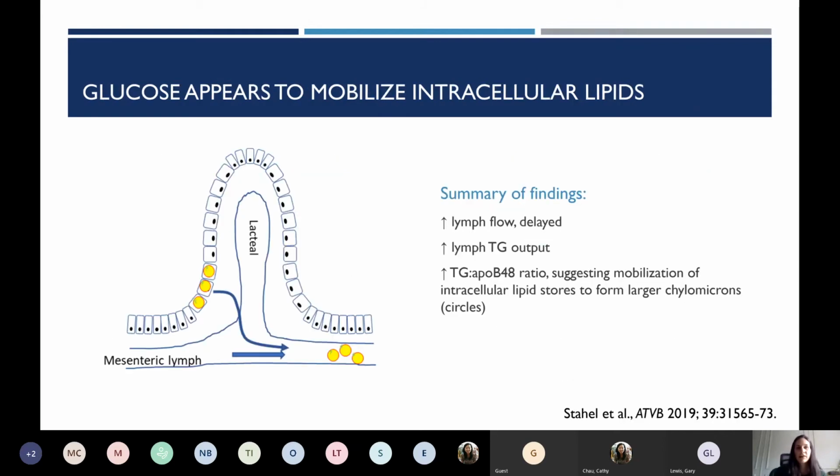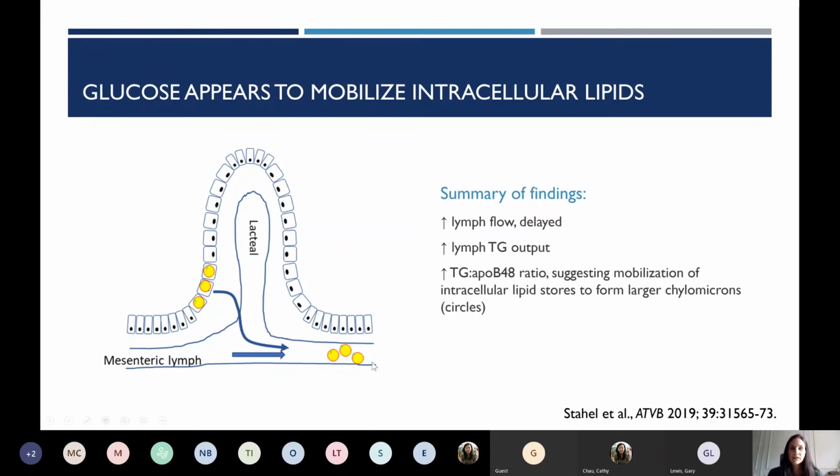In terms of the surgery model, this is published work, so I'm just going to summarize with this cartoon. But what we see is that when you give glucose rather than water, we see an increase in lymph flow rate. As we're collecting lymph fluid from the mesenteric lymph duct, we see that glucose increases the flow of lymph fluid with an initial delay that we think is due to the osmotic effect of glucose.